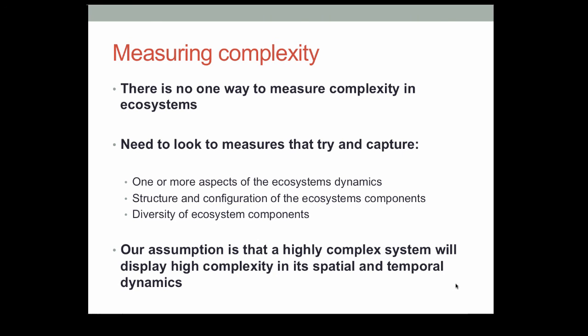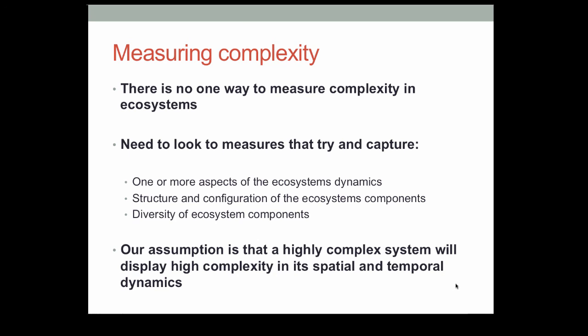The other thing that you're definitely going to want to have is information on the structure and configuration of the ecosystem components. This is where understanding the overstory trees and the understory and the regeneration layer, and what species compose that, would be this third point, the diversity of ecosystem components.